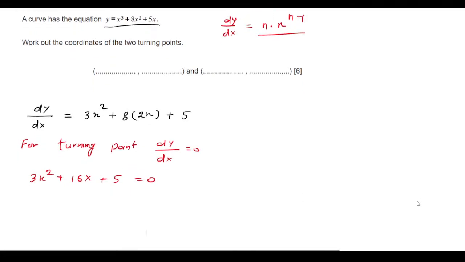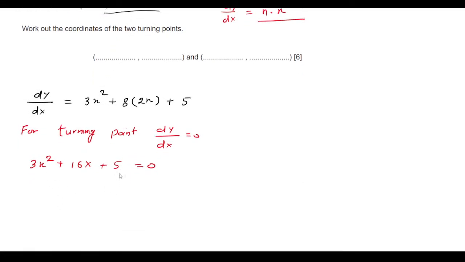Now this is a quadratic equation, so I will use splitting the middle term. 3 into 5 is 15, so I will split this 16x as 15x plus 1x. So 1x can be written as x only. So this is 3x squared plus 15x plus x plus 5.